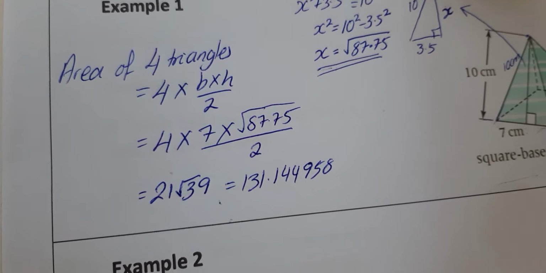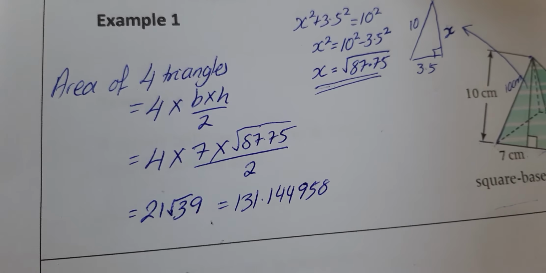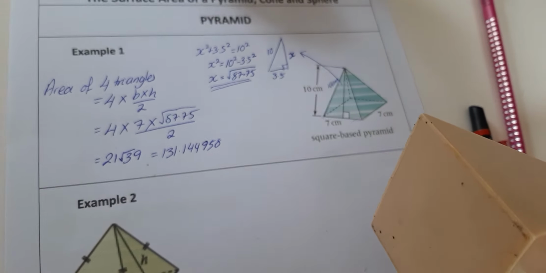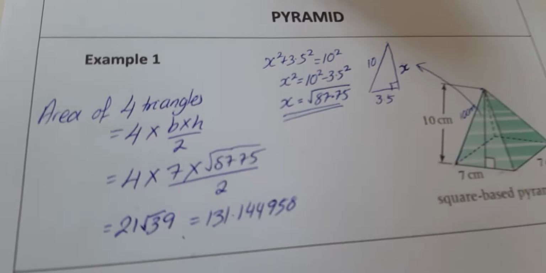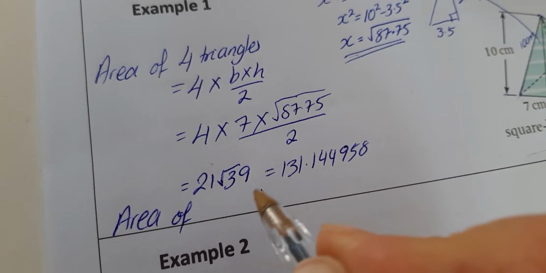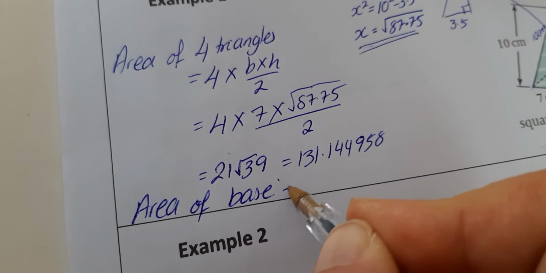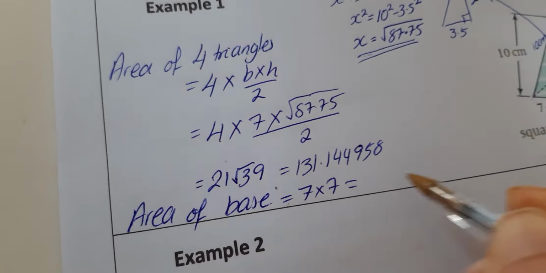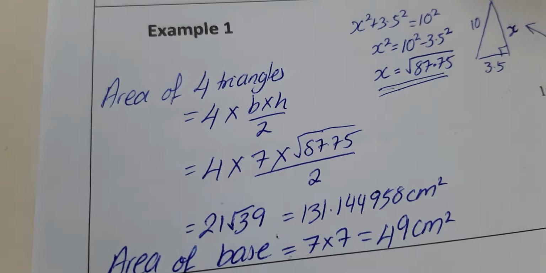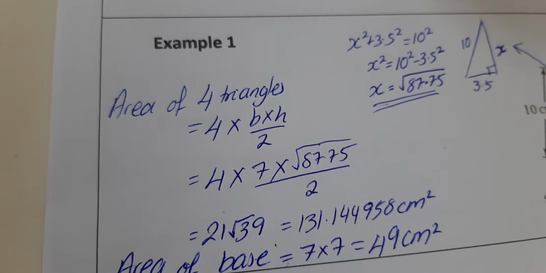Okay, so now the area of the base below, because we don't just want all the sides around, we also want the base underneath so that we can make up the total surface area. So the area of the base is a square, equals 7 times 7, or 7 squared, 49 centimeters squared. So we have these 2 answers, which we need to add together.